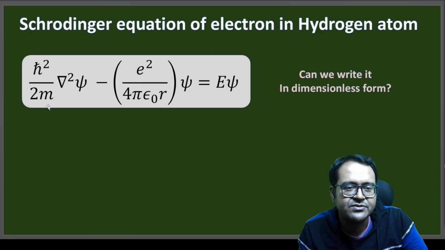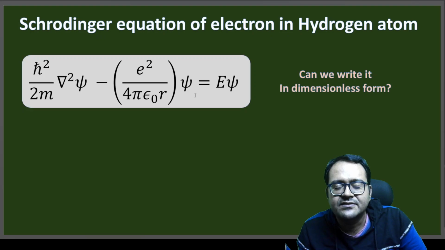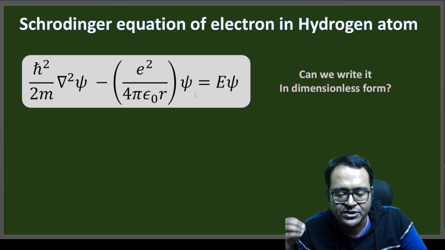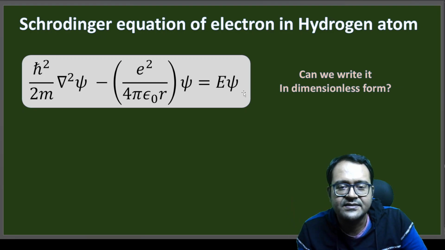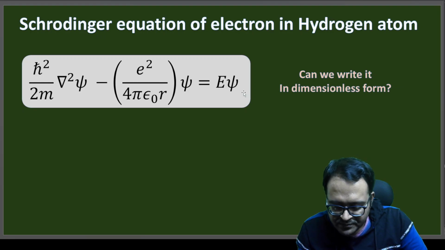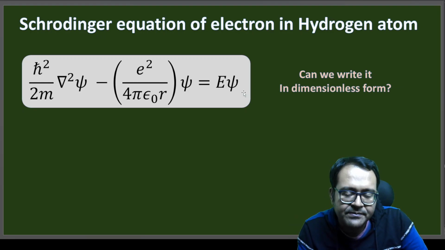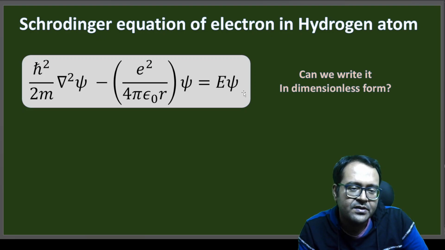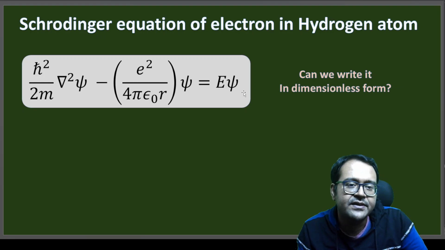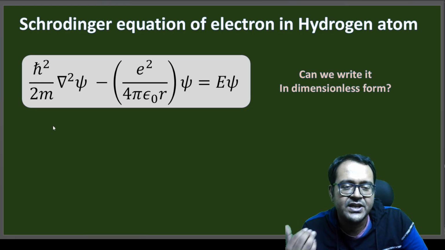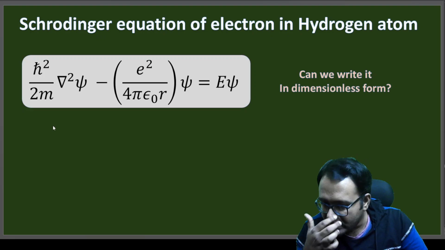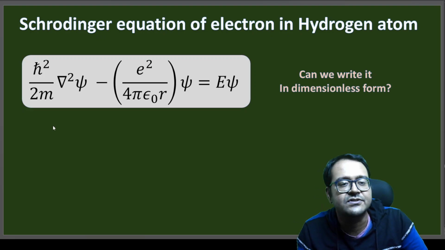You just keep all these constants there, do your calculation, get your result, and substitute the values of the constants. But most of the time, complicated equations are solved numerically. When you solve something numerically, with values like 10 to the minus 34 and so on, you cannot take these constants in your calculation at every step. So many times you need to write an equation in dimensionless form first.